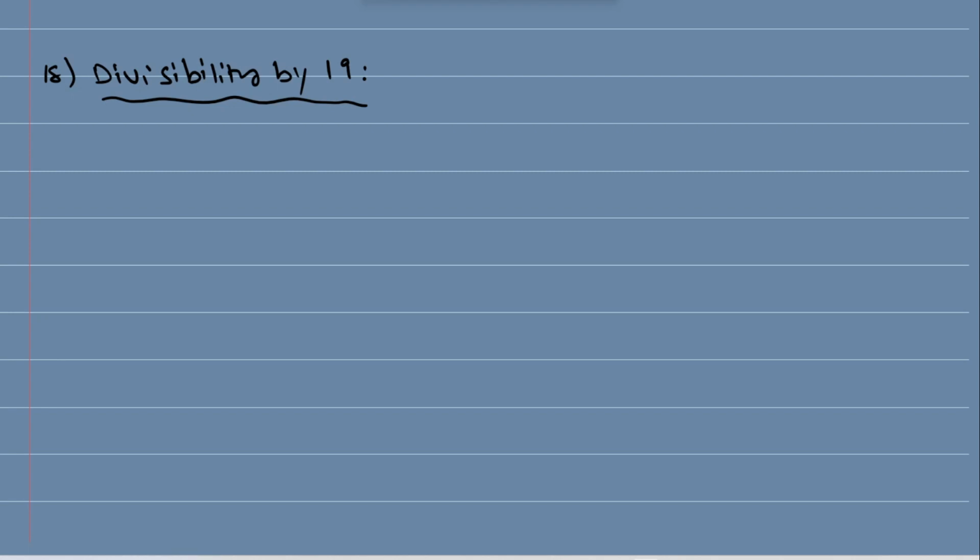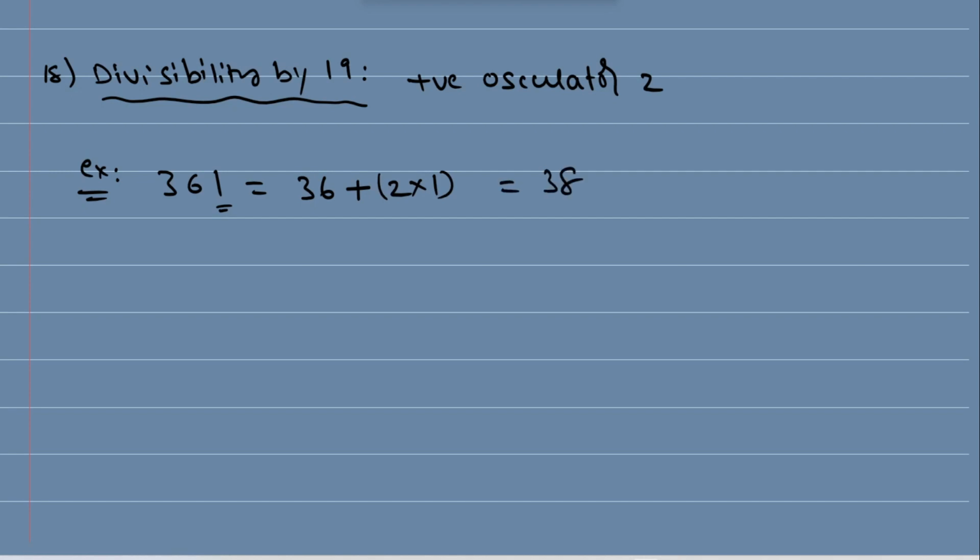Here we use the positive oscillator 2. Okay, remember like that. So let's take an example, 361. With the last number removed: 36 plus 2 times the 1. That is 38, which is 19 times 2. So this number is divisible by 19.